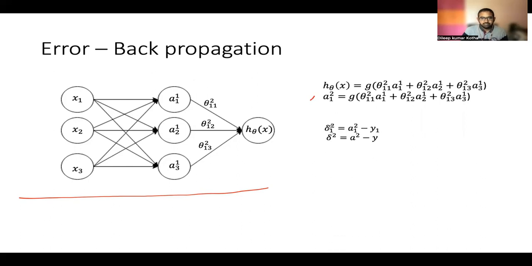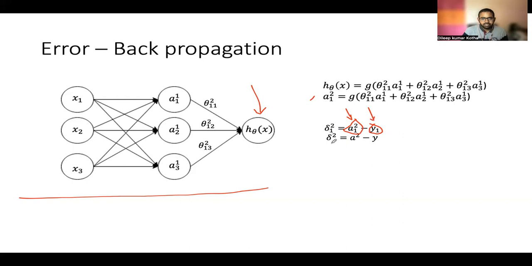And then this is the error. The error at this neuron is represented by h of x, which is nothing but a2 of 1 here, minus the expected result. So this is the calculated hypothesis value output, and this is the expected result.